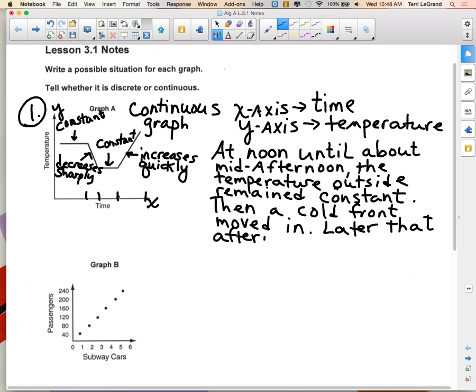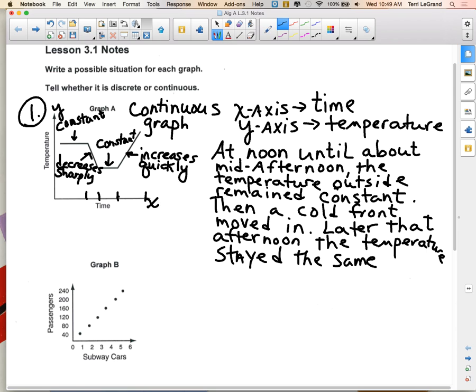We're not writing really big, because you notice our story is getting kind of lengthy, isn't it? Later that afternoon, the temperature stayed the same until what?